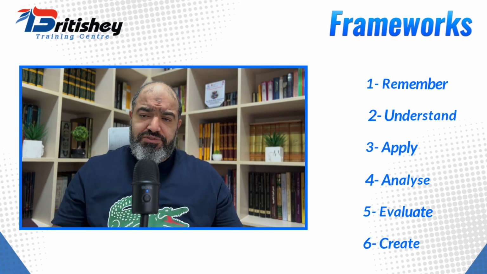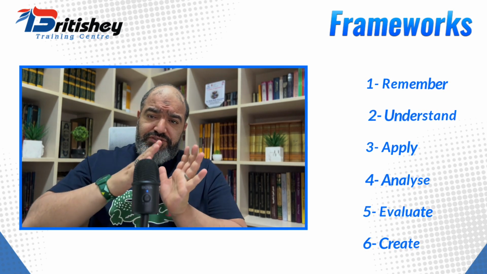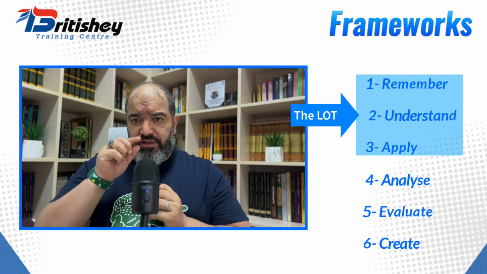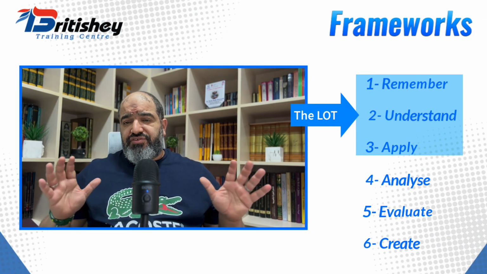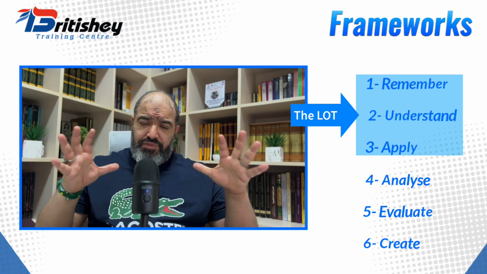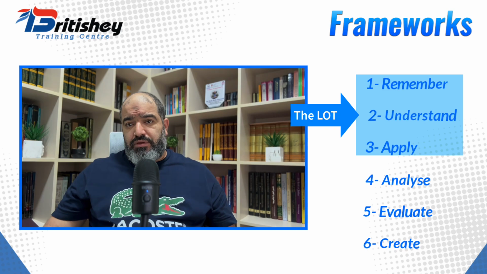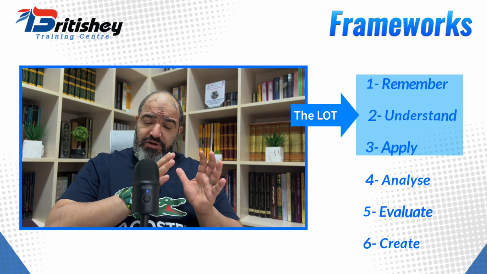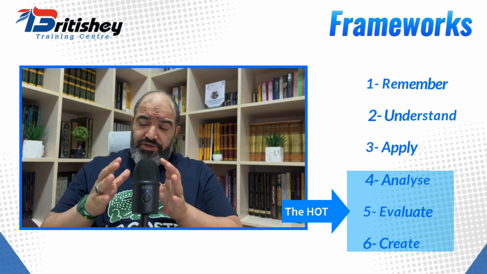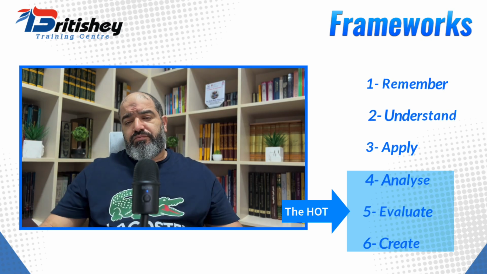So 6 levels. The first 3, we call them the LOT. L-O-T is an abbreviation that stands for lower order thinking skills. And the last 3 are called the HOT, higher order thinking skills, right?